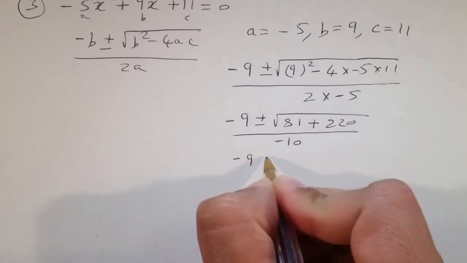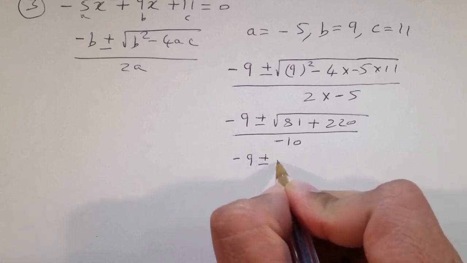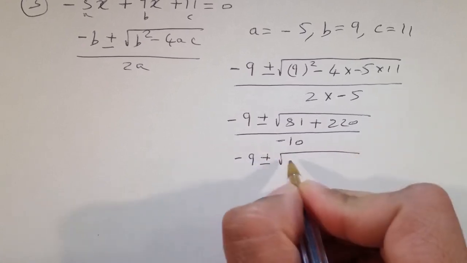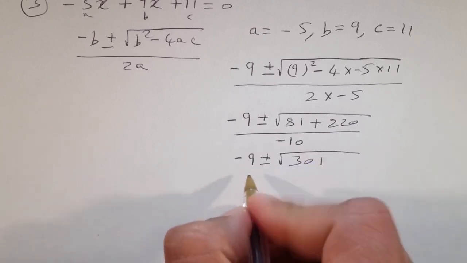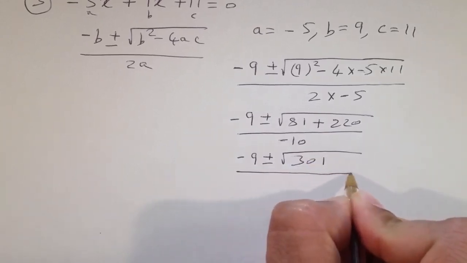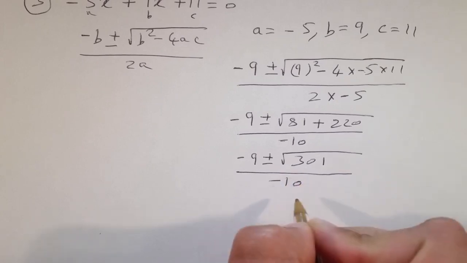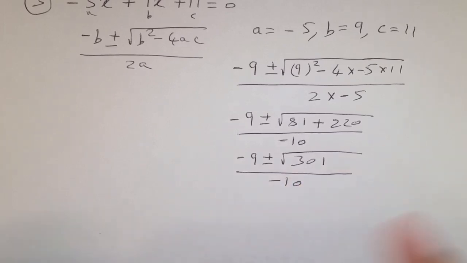So minus 9 plus minus root 301 over minus 10. Done. That's it. This is your third form, if it's a non-calculator question.